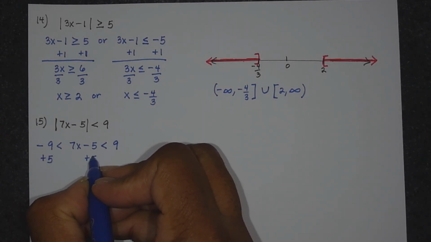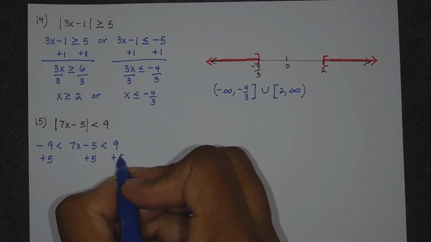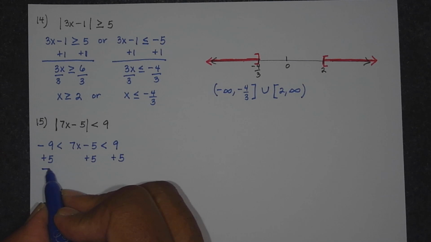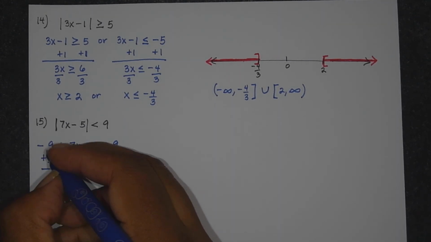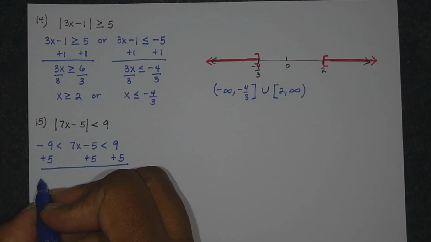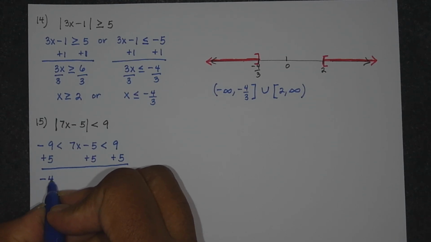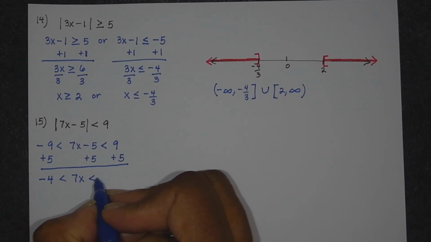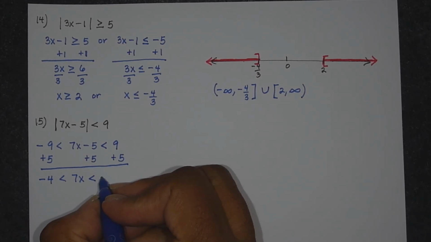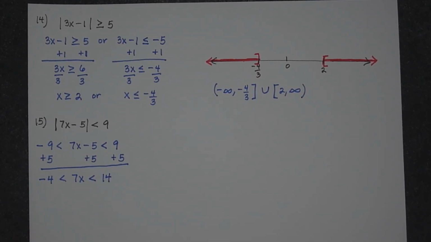Add 5 on the left side, add 5 in the middle, and add 5 on the right side of that compound inequality. So what's negative 9 plus 5? Negative 4, and that's less than 7x, and less than 9 plus 5 is 14.